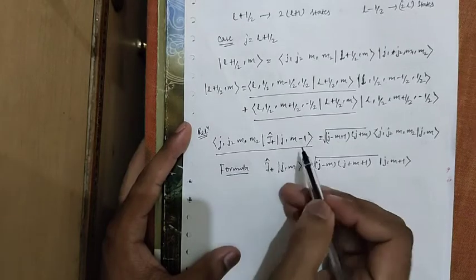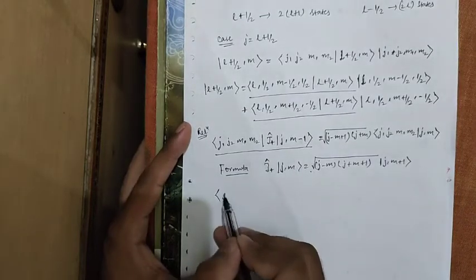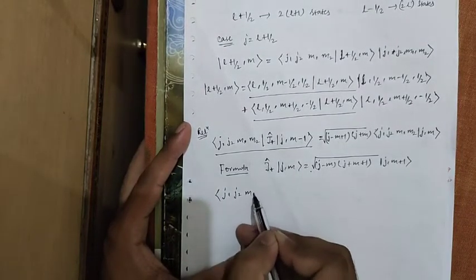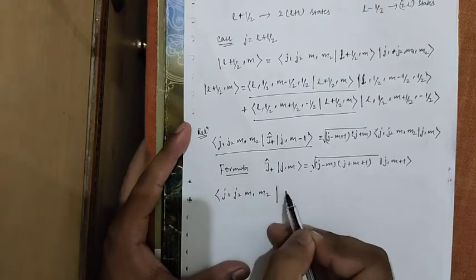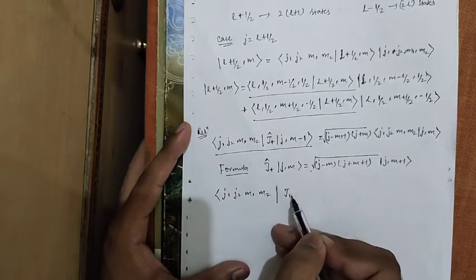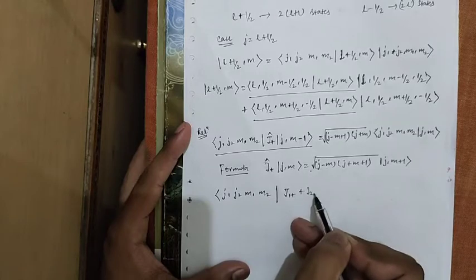Now this relation can also be written like this: the state j1 j2 m1 m2 acted upon by j1 plus plus j2 plus.